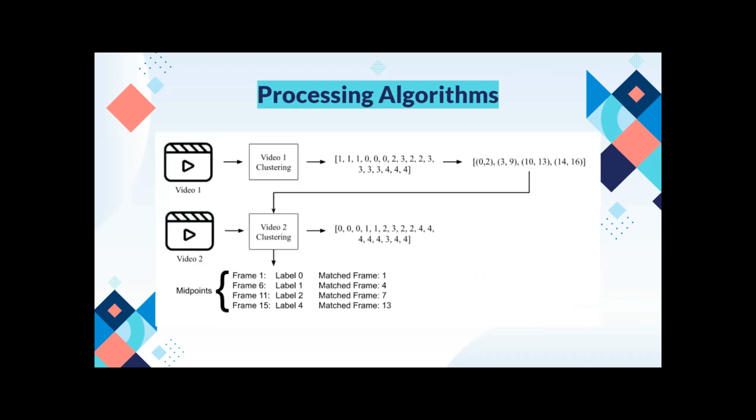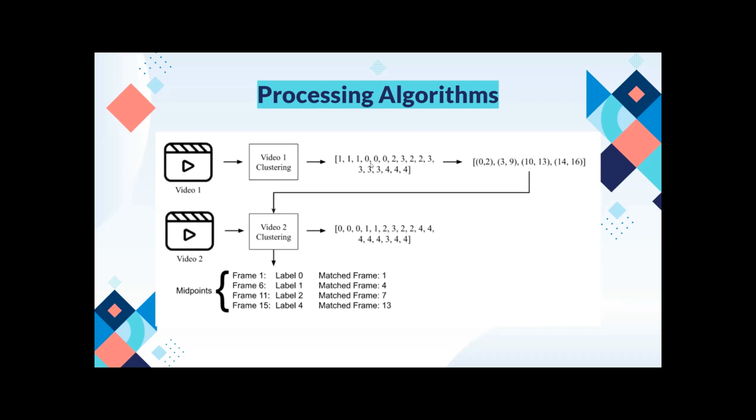After this array is generated, several processing algorithms are run. As you can see in this figure, after you generate this array, another array is generated which says which parts of the frames are starting and ending. If I switch from a label of 1 to a label of 0, that shows a key part of the video has changed.